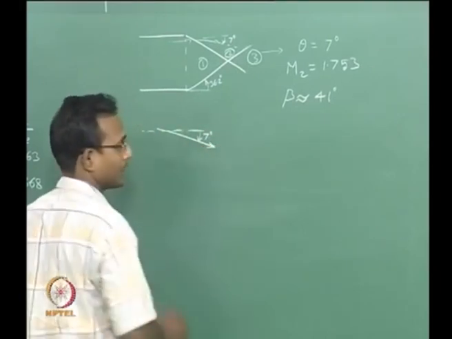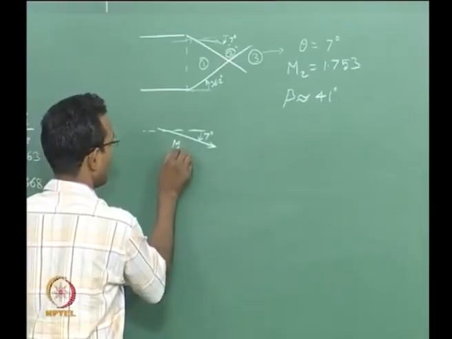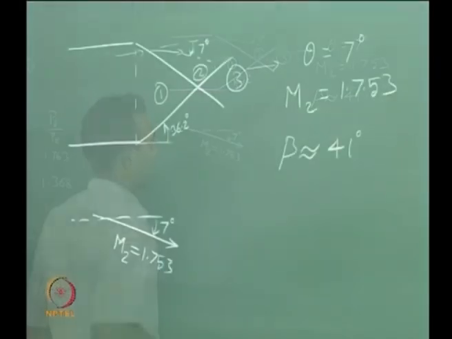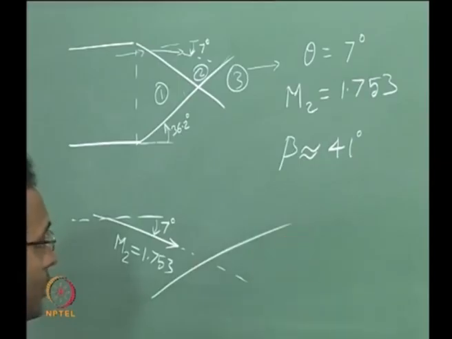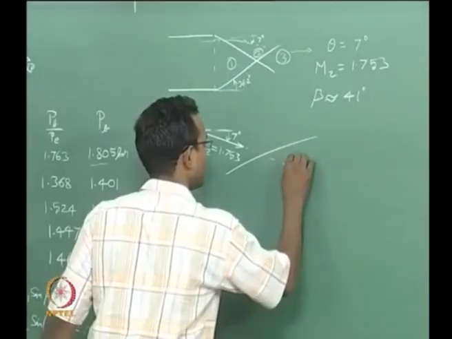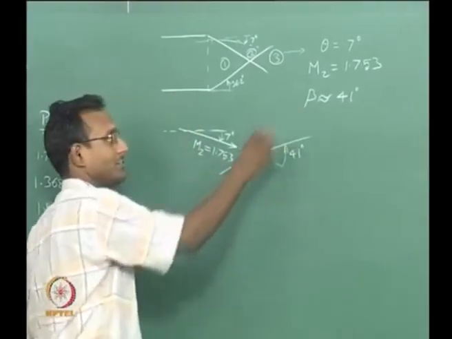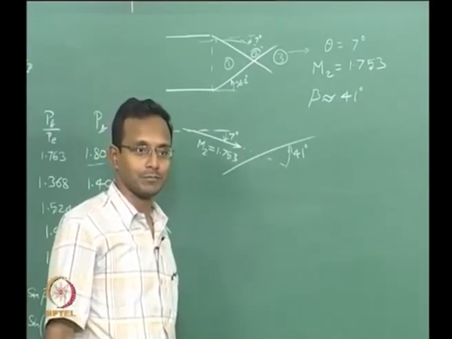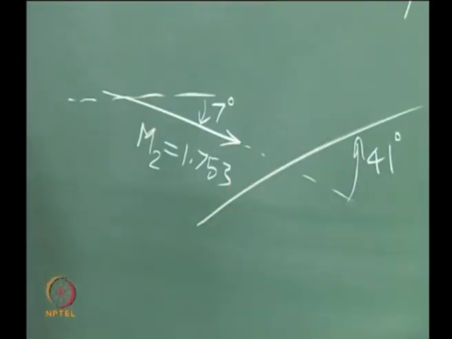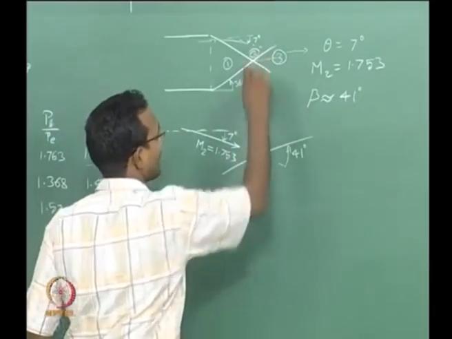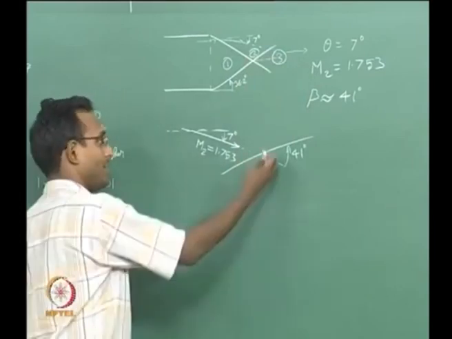This is the flow direction, and my Mach number here is M2 equal to 1.753, and with respect to this flow vector direction I have a shock which is 41 degrees. Remember, the beta is always with respect to the streamline direction. From there it is 41 degrees. I have to draw it such that it is with respect to horizontal some value. Let me find that number from here.